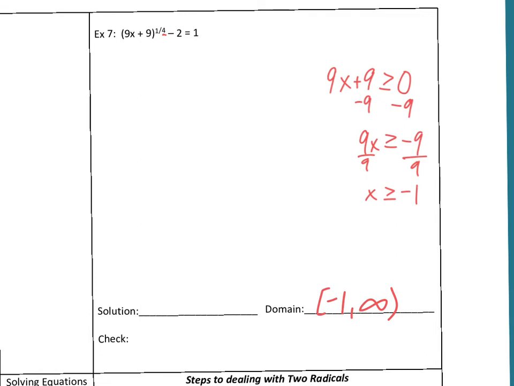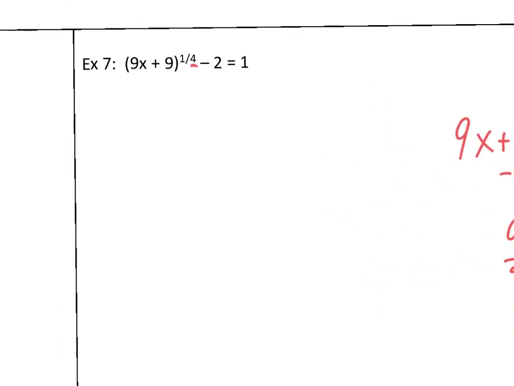Now it's just time to solve this. What'd you do, Tate? Added 2, yep. And you multiply both sides by 4, or the 4th exponent. So take it to the 4th exponent, yep.